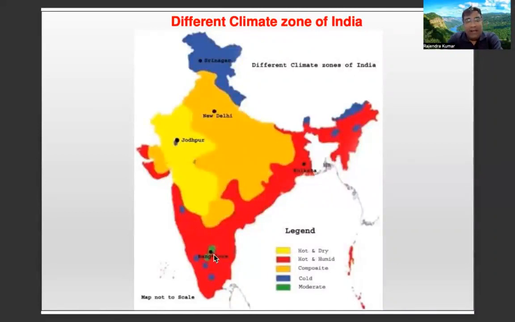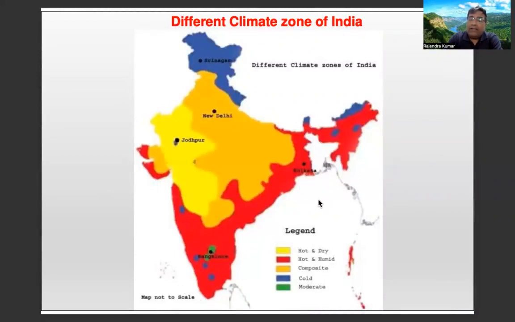But why is the major part of India, which is marked in red color, hot and humid? Because India is covered by sea on three sides. So the sea runs from here to here and here to here.